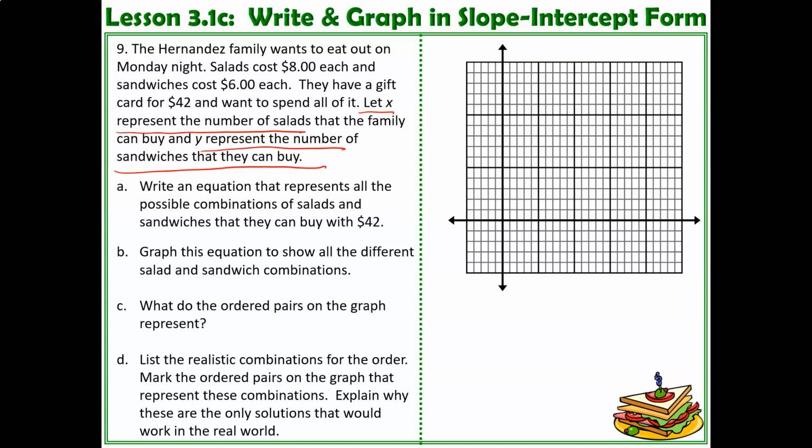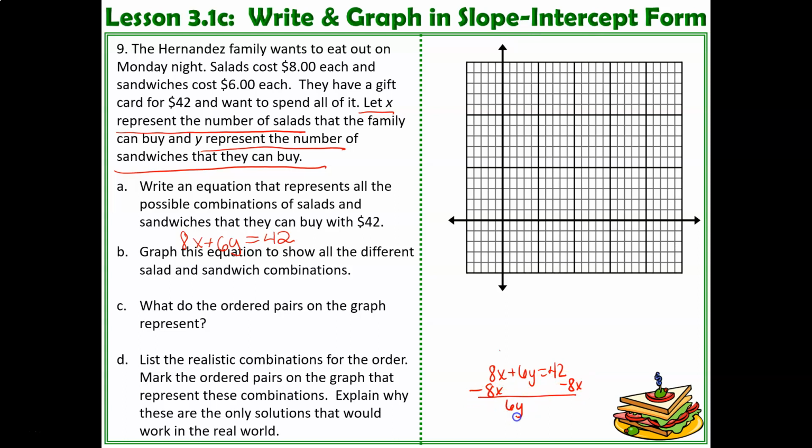So the salads are $8, 8x plus $6 times y, or the number of sandwiches, and that equals 42. So we got to put this into slope-intercept form. So I'm going to subtract 8x from both sides.